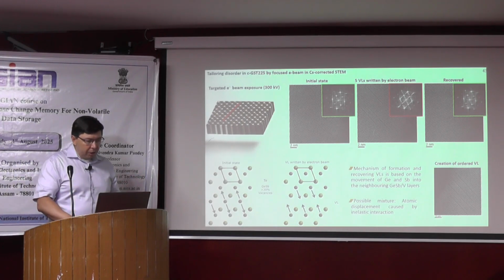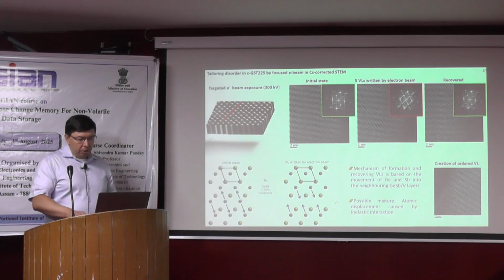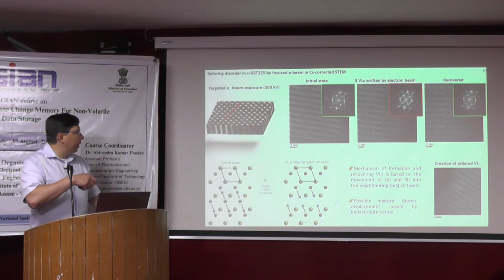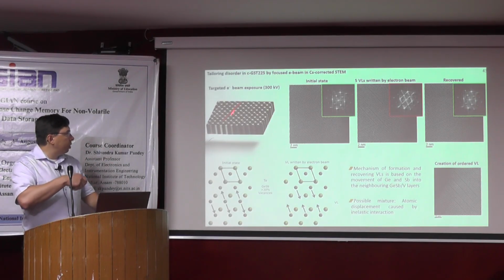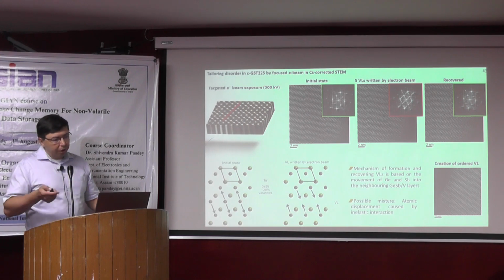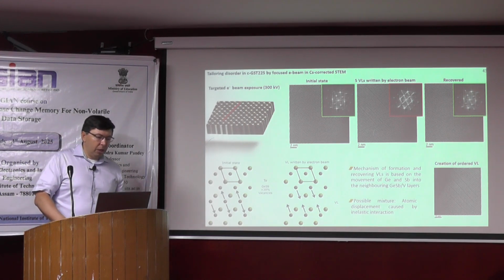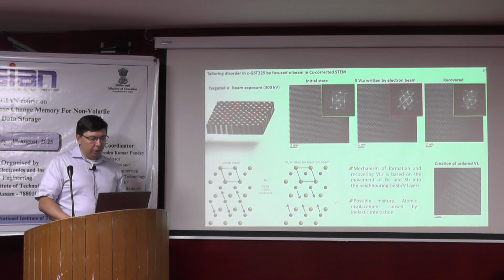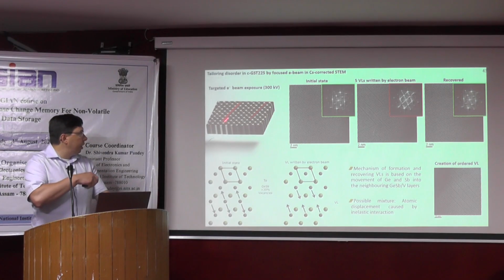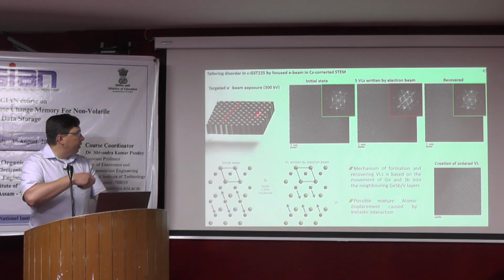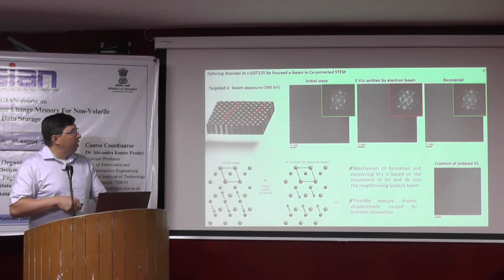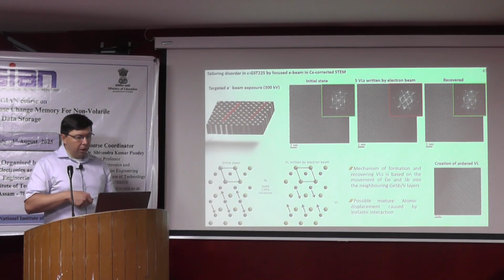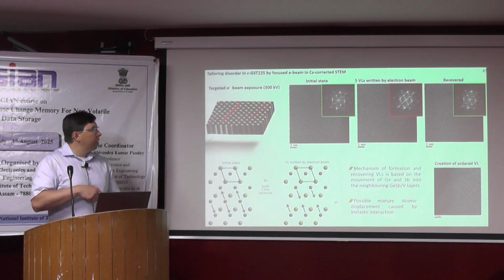If you scan along the germanium and antimony cation layers, which already contain around 20% of vacancies, if you scan the electron beam here, then in this place we can write so-called vacancy layers in our structure.